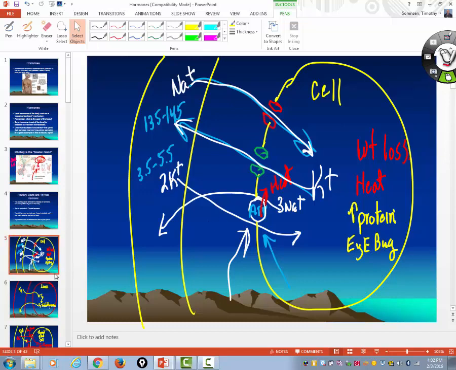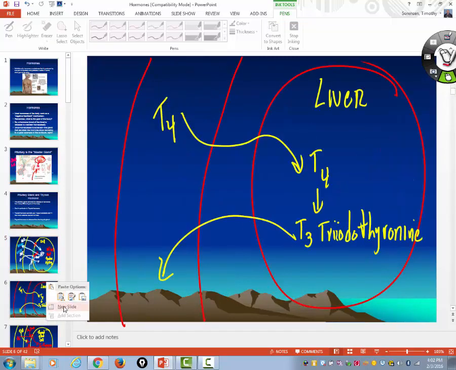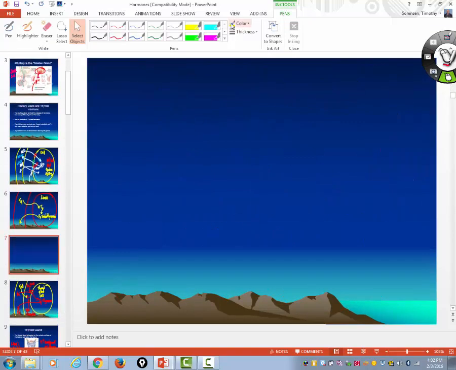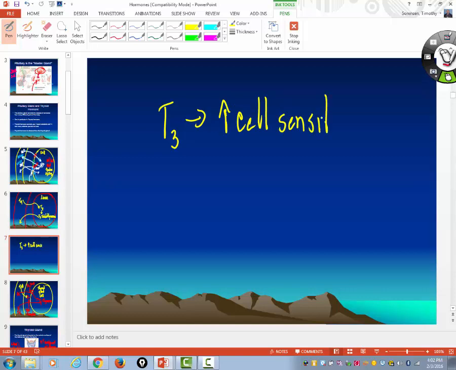The other thing is T3 increases cells' sensitivity to the catecholamines.